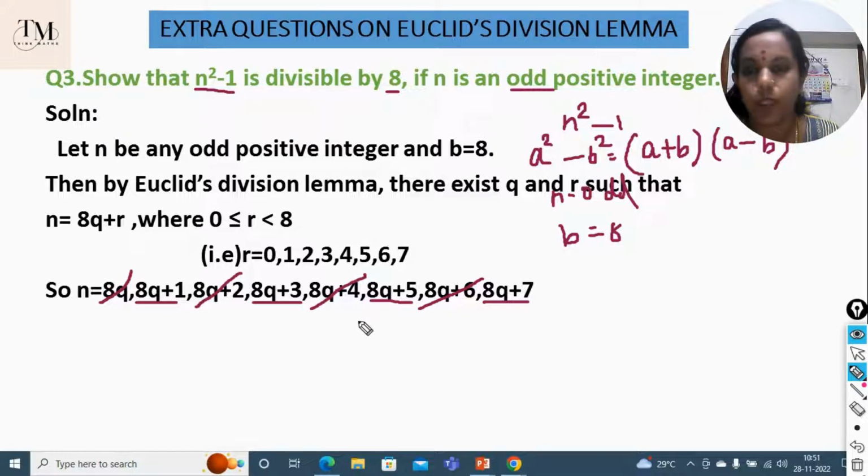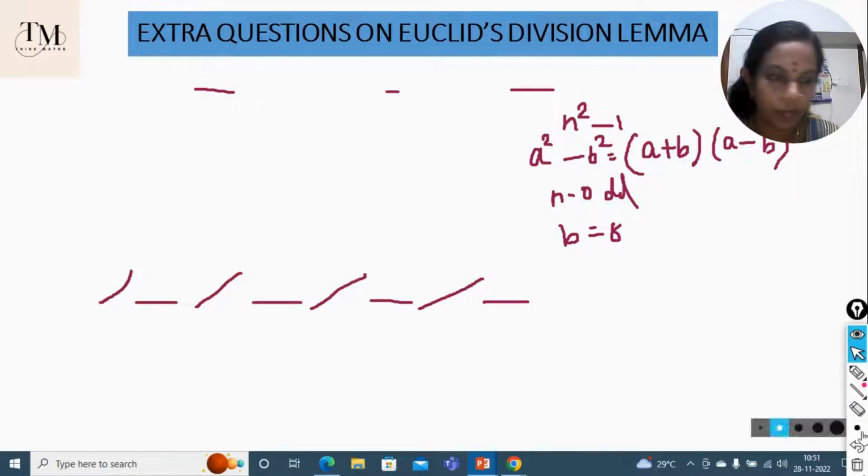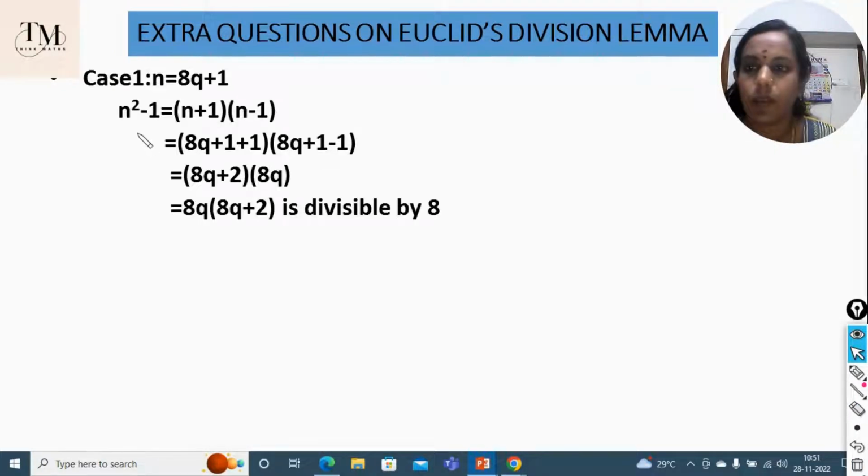Now in all the 4 cases, we have to show that n square minus n is divisible by 8. So first case, case 1, n is equal to 8q plus 1. So n square minus n is nothing but n into n plus 1 into n minus 1.